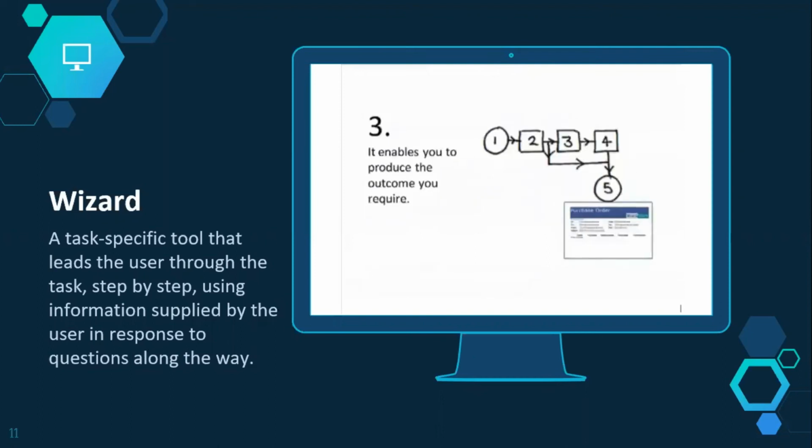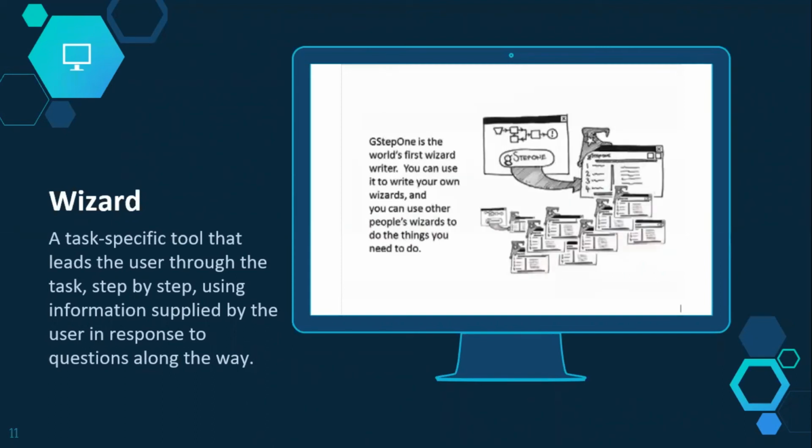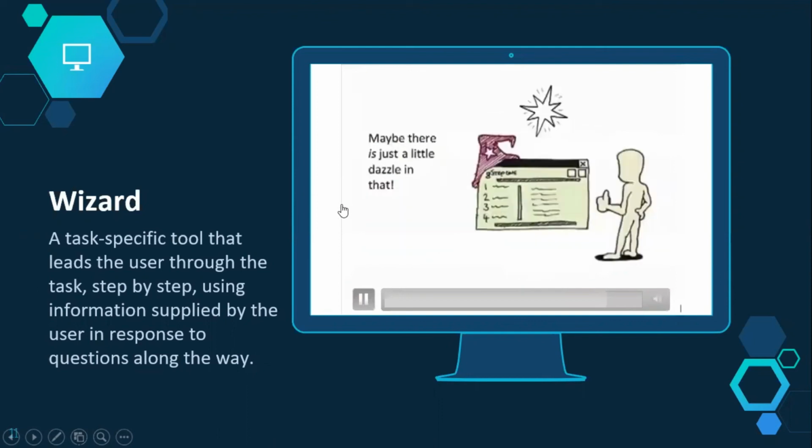And it enables you to produce the outcome you require. Wizards are designed to help you do tasks you haven't done before, and to do them like an expert. G-Step 1 is the world's first wizard writer. You can use it to write your own wizards, and you can use other people's wizards to do the things you need to do. Maybe there is just a little dazzle in that.